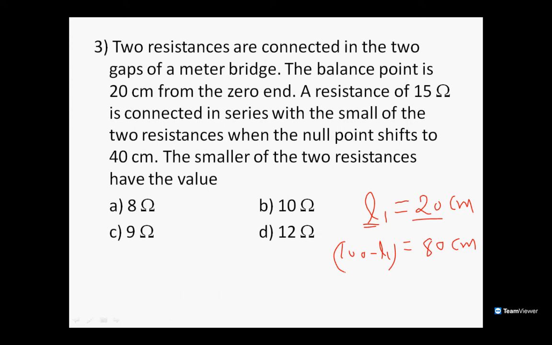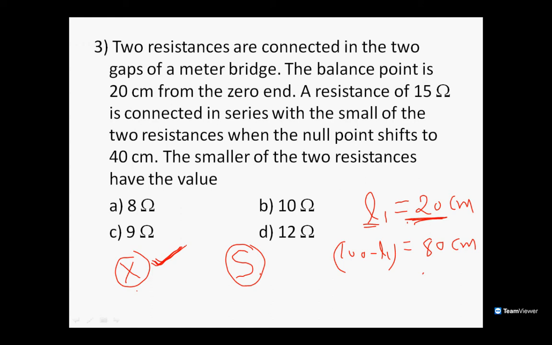In the left side resistance is X, in the right side resistance is S. Remember, if L is less, X is less. If 100 minus L is less, S is less. But in this problem L1 is less on the left side, so certainly the left side resistance is smaller.